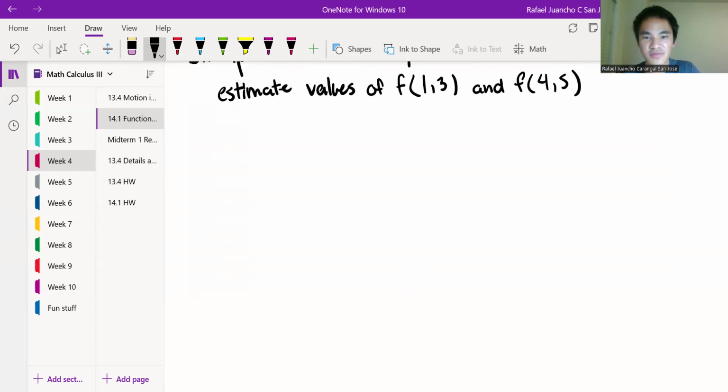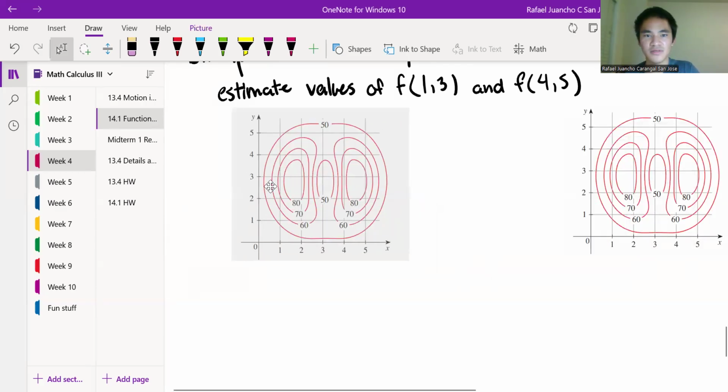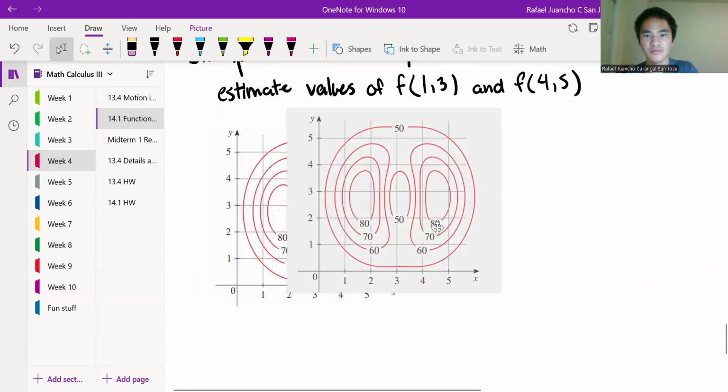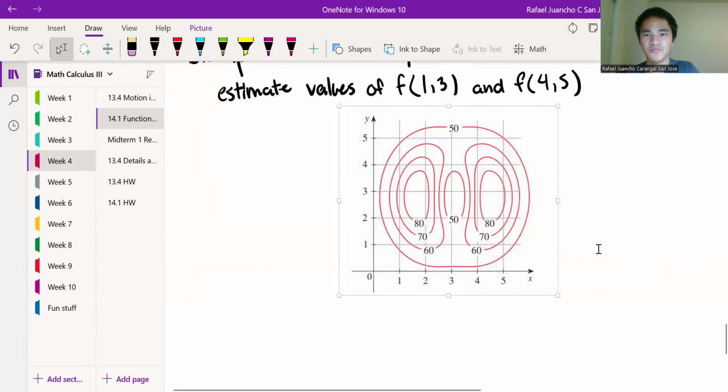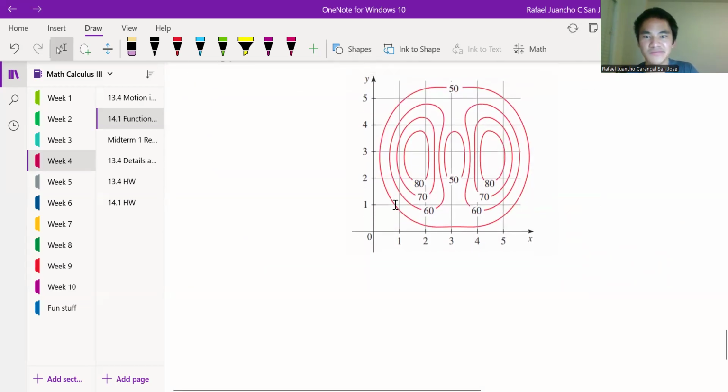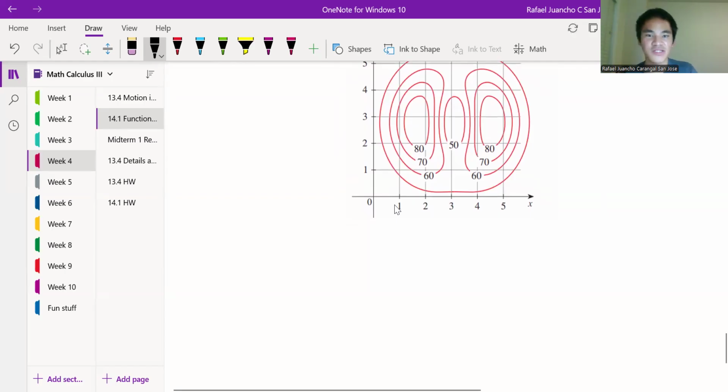Now I'm going to show the contour map just so we can see what it looks like. Okay, so we have this contour map, and we're being asked to find or to estimate the values of these two functions.